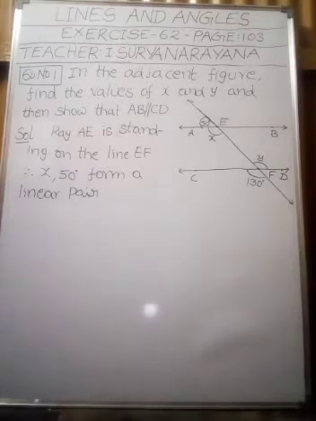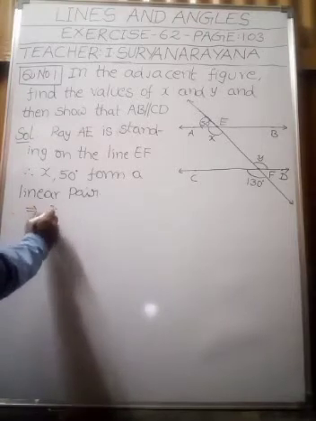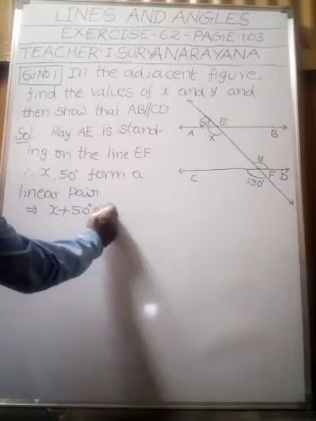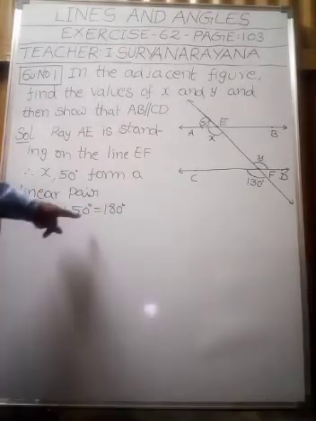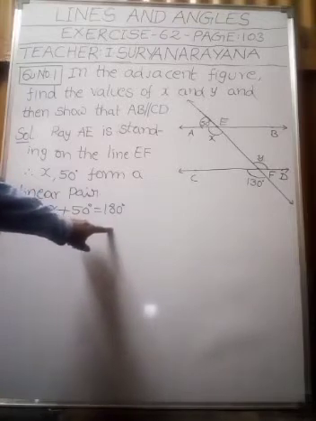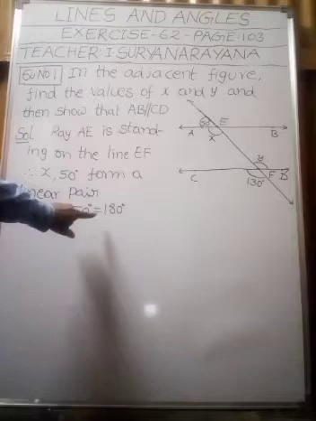Then what is meant by a linear pair? The sum of the two angles must be equal to 180 degrees. So this implies x plus 50 degrees is equal to 180 degrees. Understood this step, my dear children?